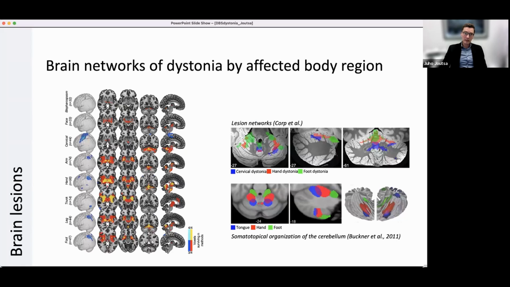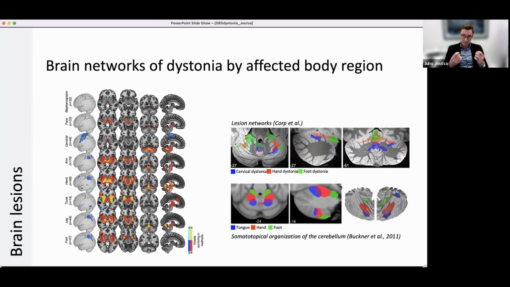Now, if you split the data set into different types of dystonia in terms of the body part affected, you can see that all of these have somewhat similar regions highlighted, regions that were part of the so-called general dystonia network, but they also have clear differences, with different regions weighted more in different types of dystonia. In addition, in the cerebellum, you can see a clear somatotopic organization matching with the somatotopical organization of the cerebellum reported a decade earlier.